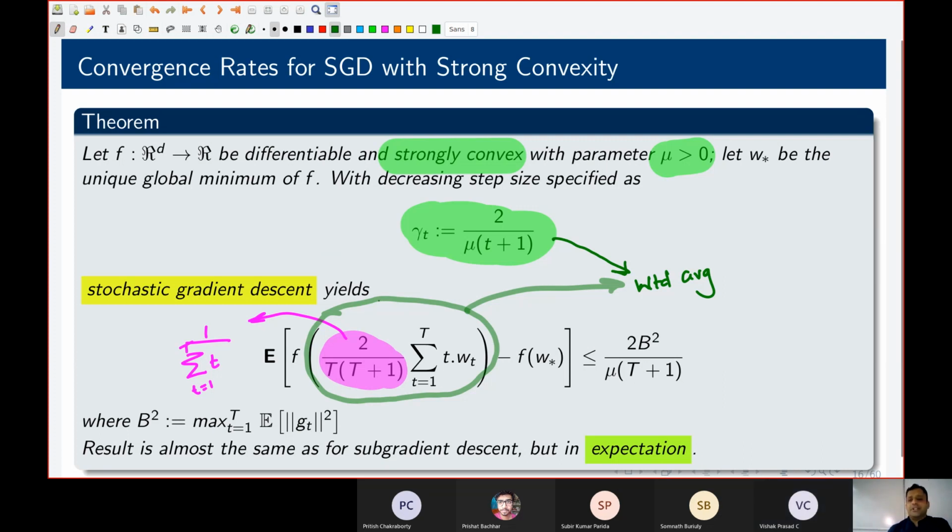What did we get with strong convexity earlier? It was similar. Here we are using Lipschitz continuity. So this is similar to convexity.